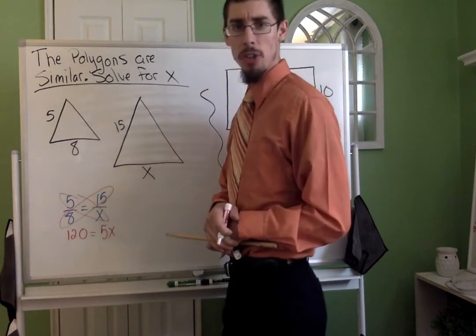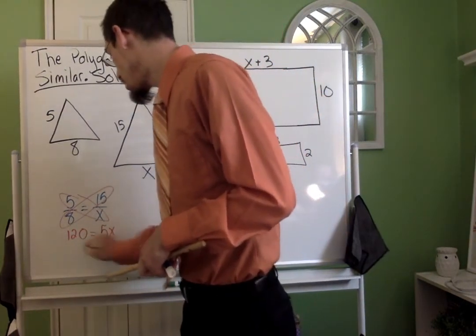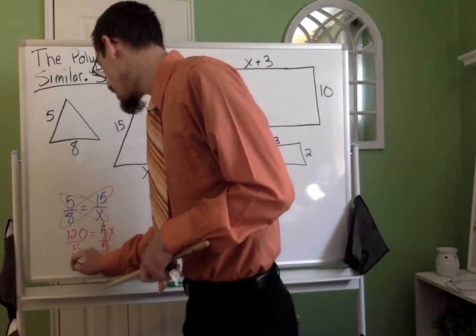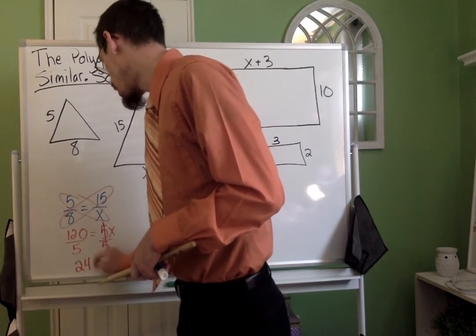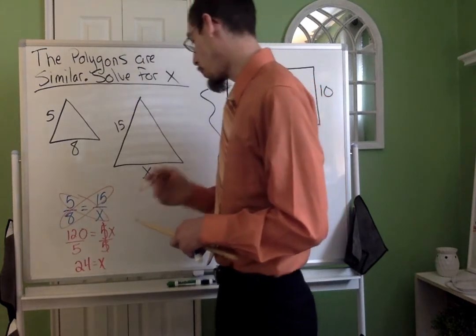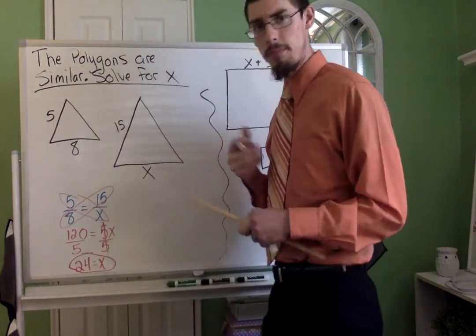So I have 120 equals 5x. Divide by 5, and you get 24. So x equals 24. That's it.